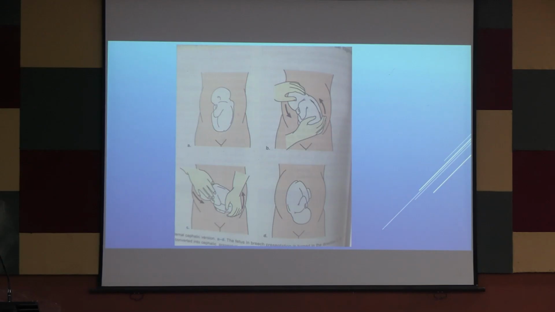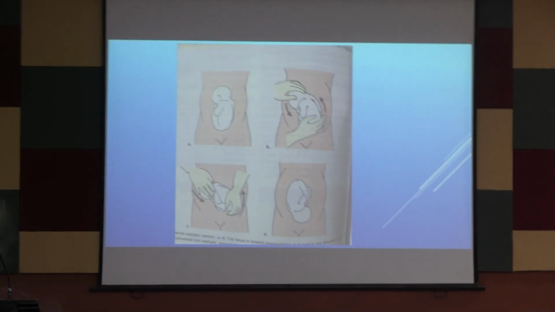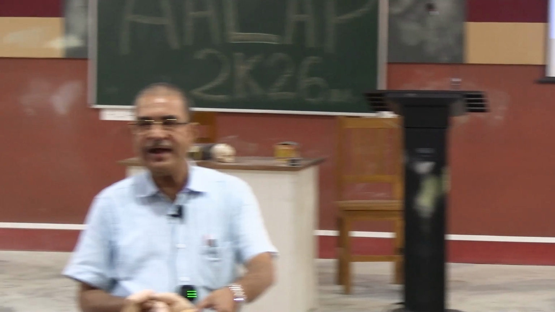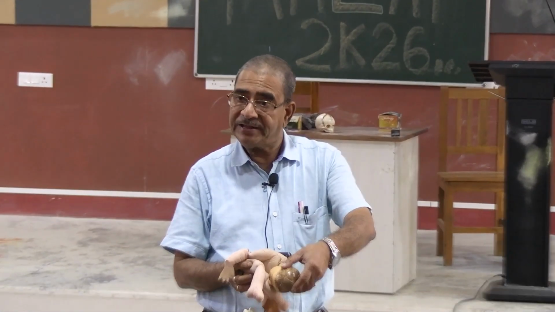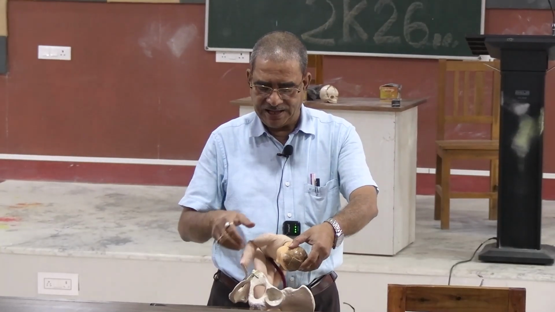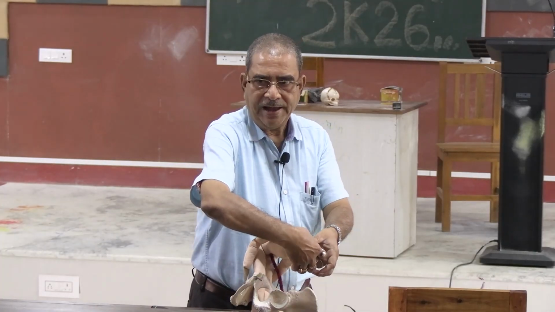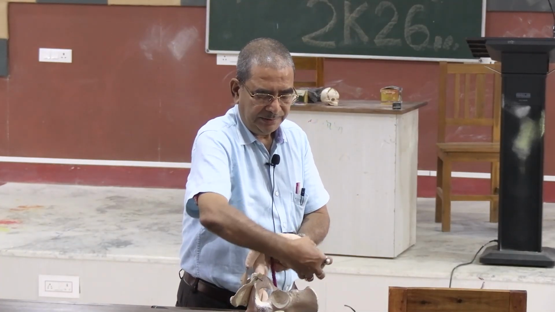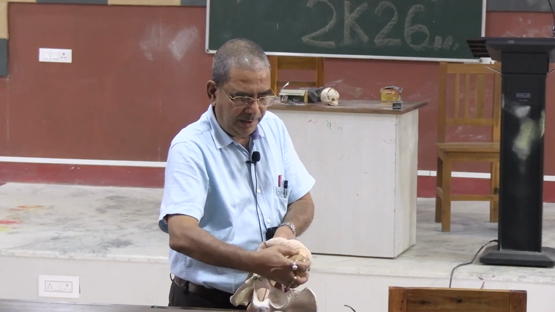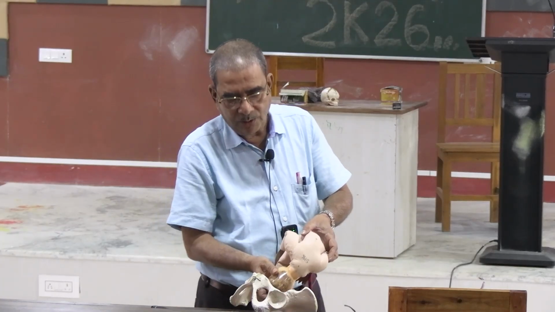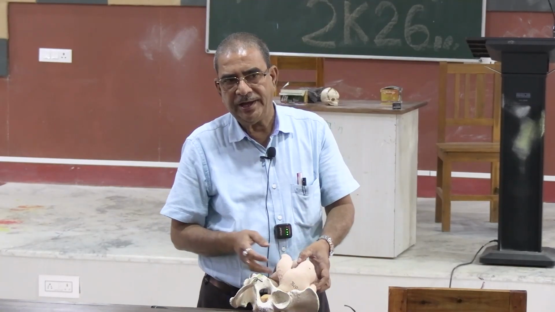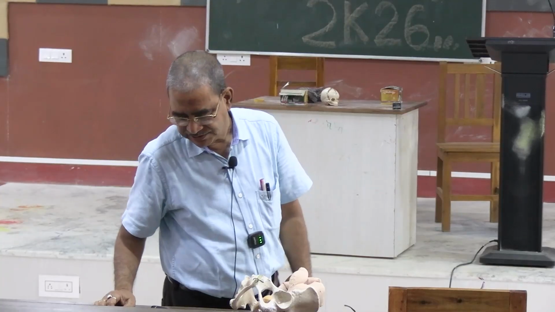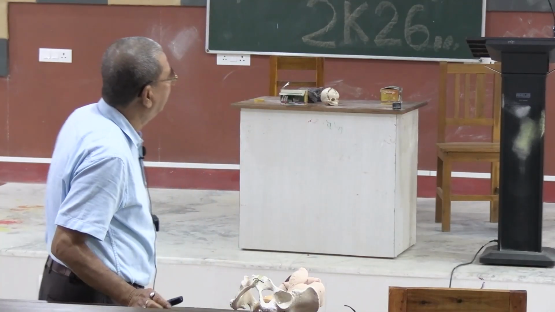By turning this, you will bring it to a transverse position. Then change your hand. In that case, you will have to put your left hand over the head, fix the head and change the hand. Then it will go down this way. This is how we will do the external cephalic version. Okay.